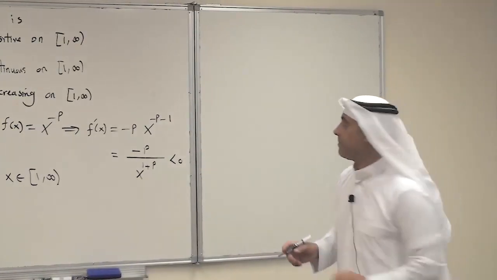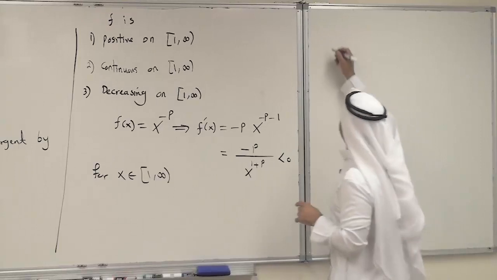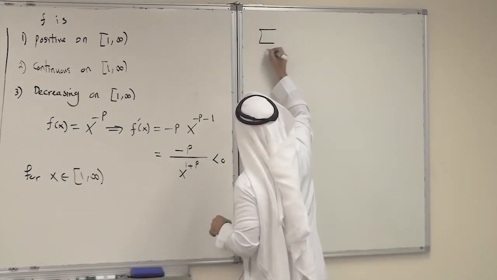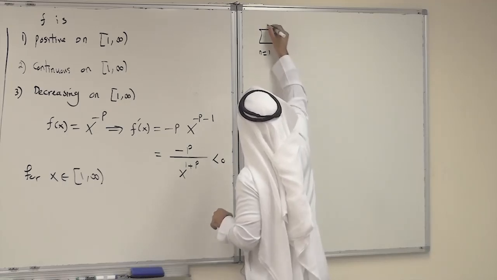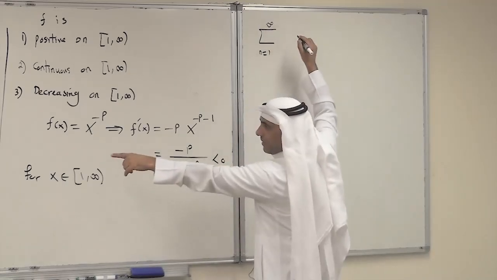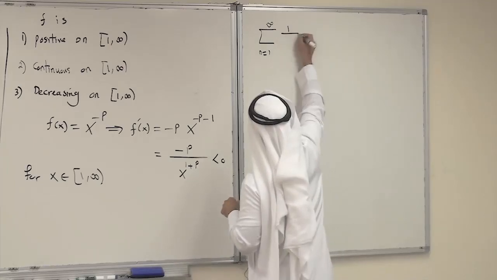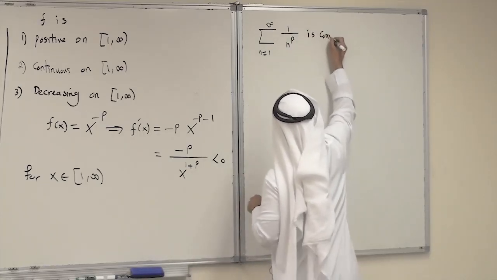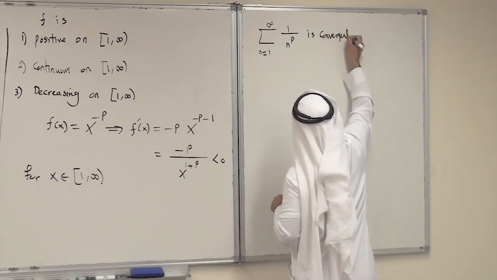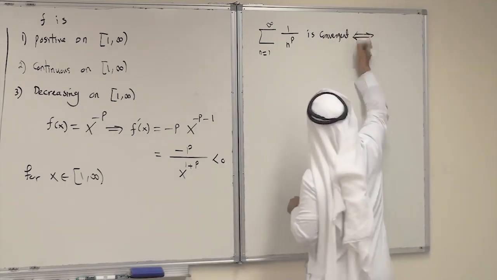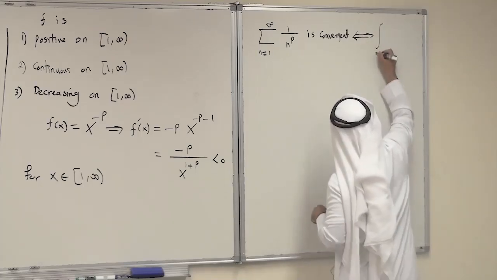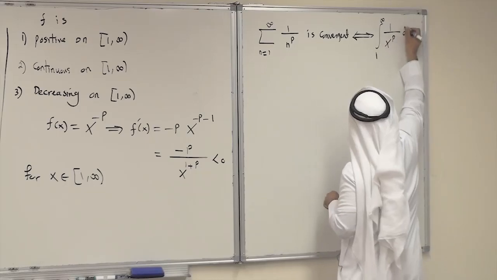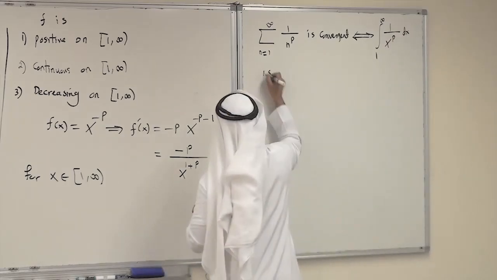The conclusion is this. The integral test says this series given by n equal to 1 up to infinity, I'm talking about the third case we have here, 1 over n to the power p, is convergent if and only if the improper integral from 1 to infinity, 1 over x to the power p dx, is convergent.